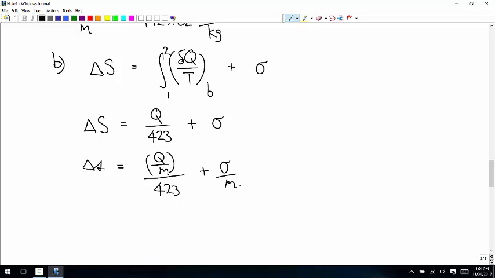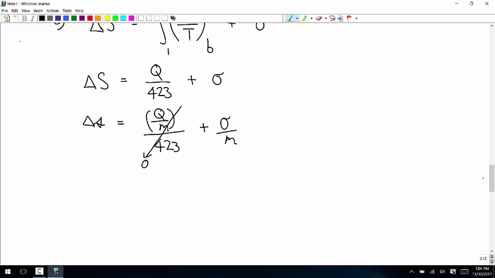And so what's the heat transfer into our system? 0, because it's insulated. And so we can look up these specific entropies in a table.